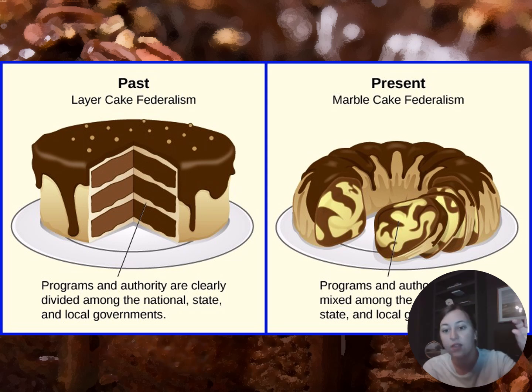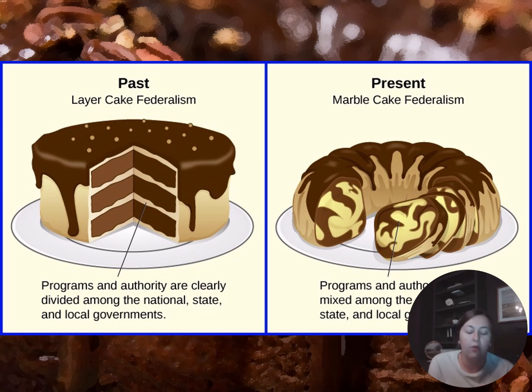This layer of the cake, these are federal programs and federal authority. And then this layer of the cake, this is state programs and state authority, local authority, local programs, and so on. It looks like a layer cake. There's no intermixing. The icing is the barrier between the different levels of government.